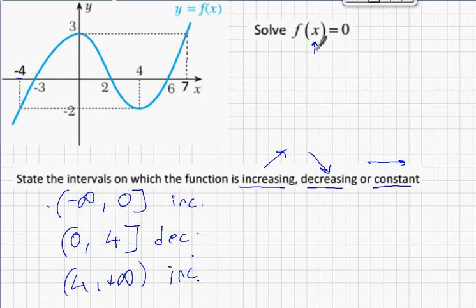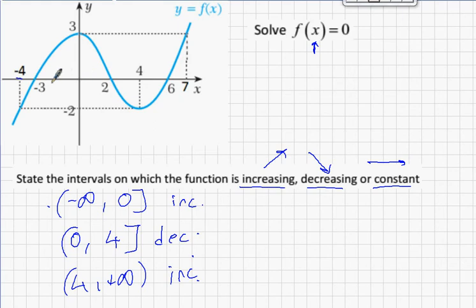Now this one. For which x numbers are the y numbers 0? For example, when we choose the number 4 instead of x, the result is minus 2. So on the y-axis, how can I get 0?